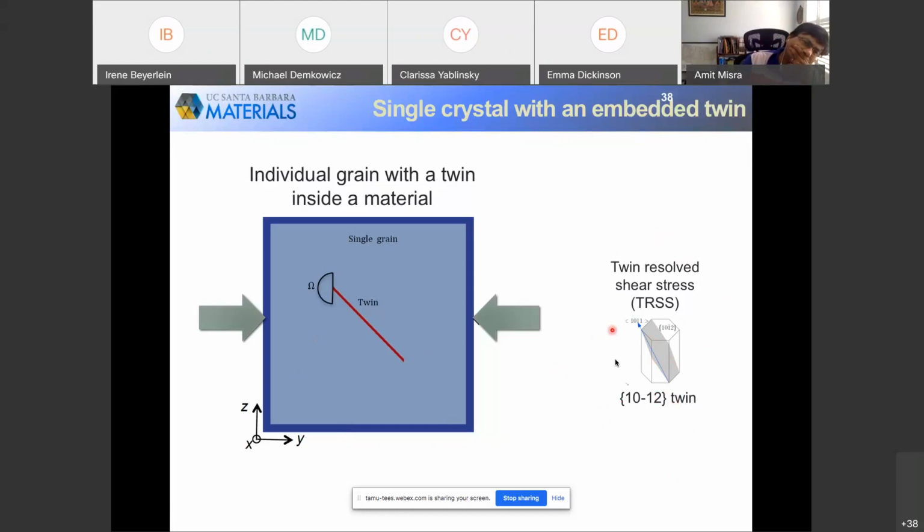We call that the twin resolved shear stress, just so we can get some idea of what would cause the twin to grow. So if this twin resolved shear stress is positive in the proper direction of twinning, and it's above a certain activation stress, then twinning is possible. Of course, if it's a negative value, then as I mentioned, it's not going to promote twinning, because twinning is a unidirectional mechanism.